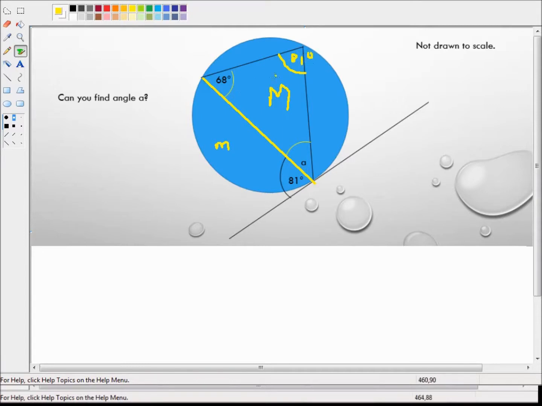And from here we can use the angle sum theorem of a triangle and say that A is equal to 180 degrees minus 81 degrees minus 68 degrees. Alternatively, I could have considered this chord here.